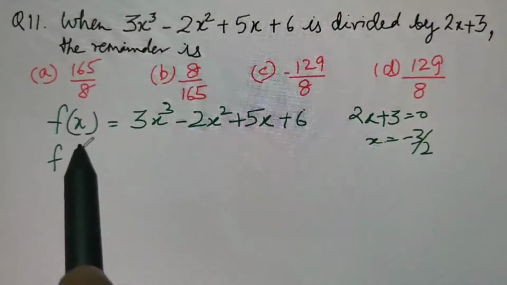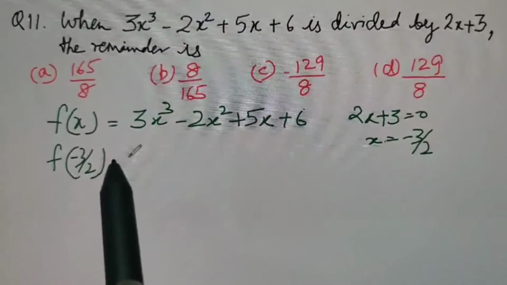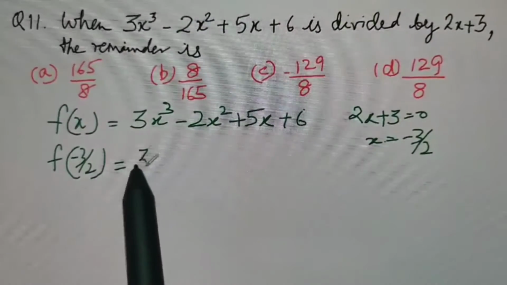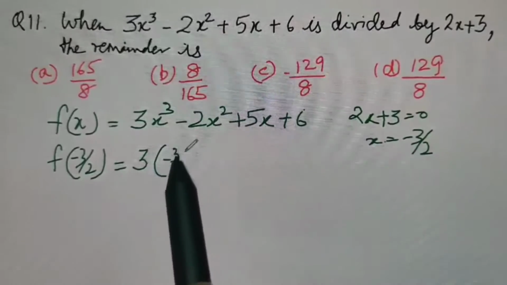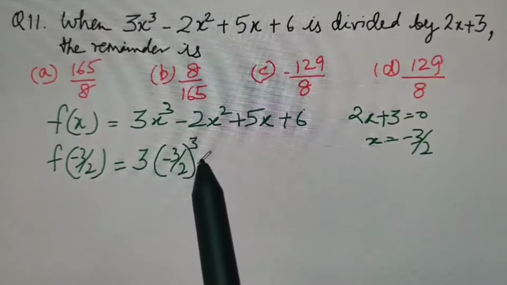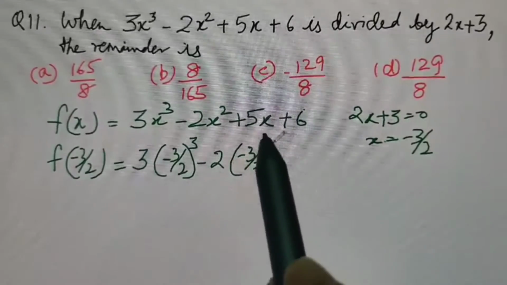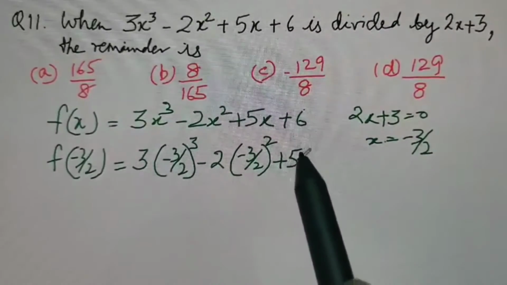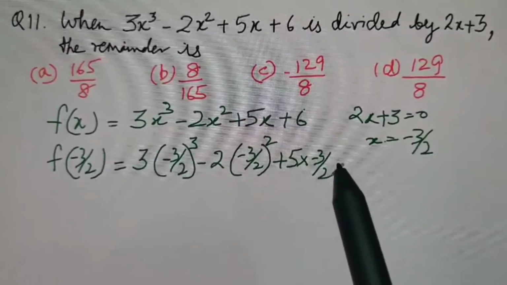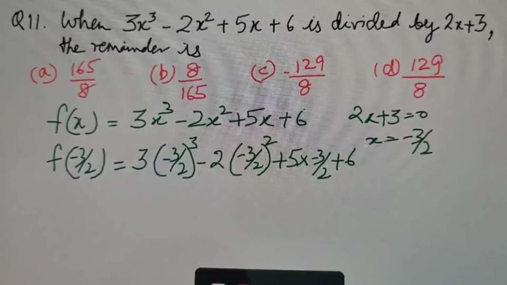So f of minus 3 upon 2 is going to be 3 into (minus 3 upon 2) cubed minus 2 into (minus 3 upon 2) squared plus 5 into minus 3 upon 2 plus 6.